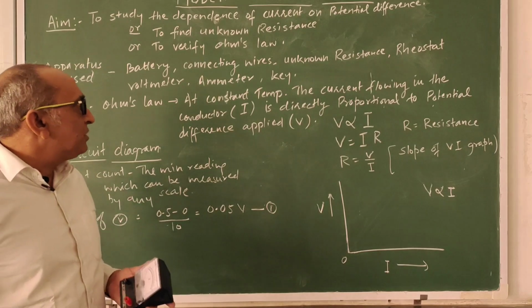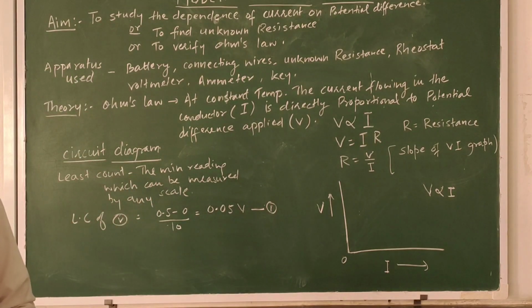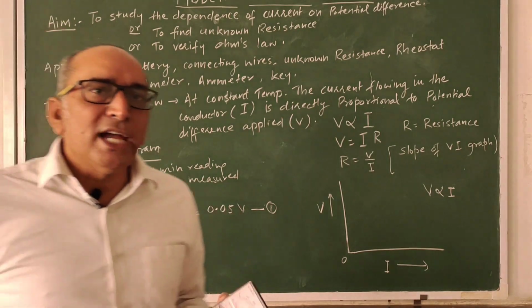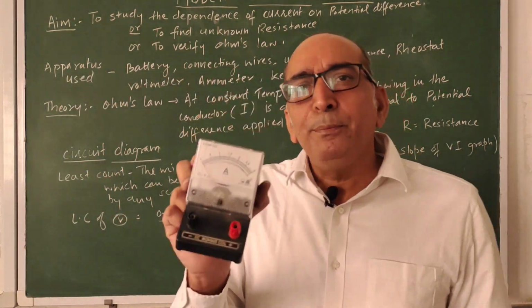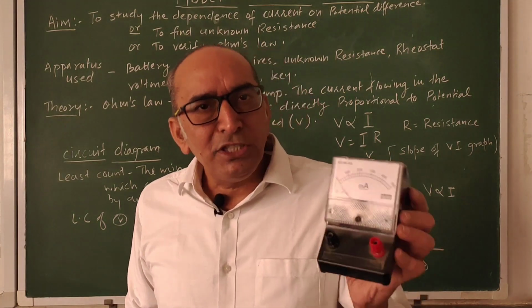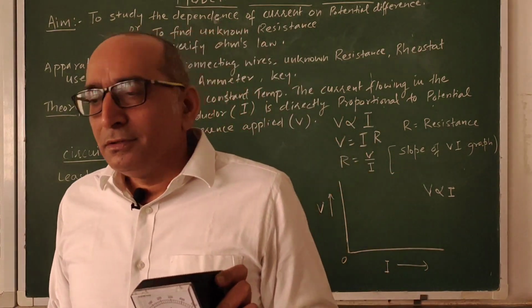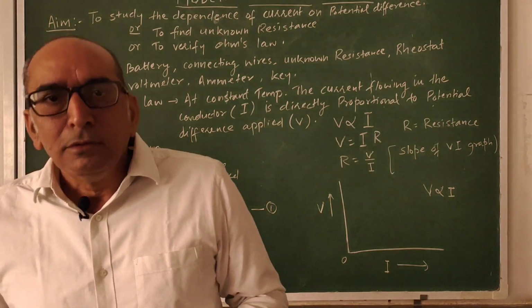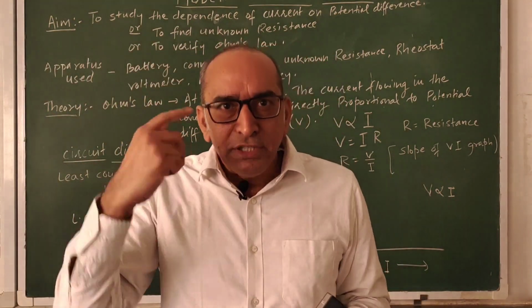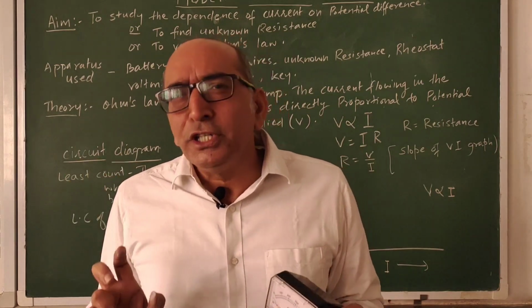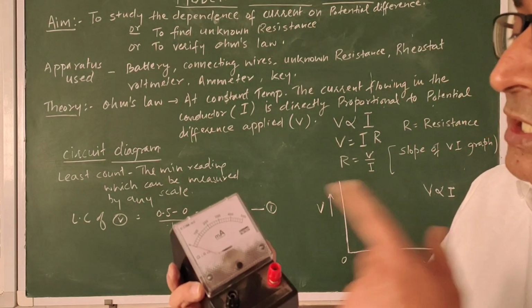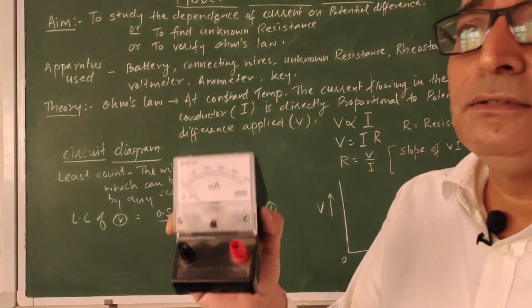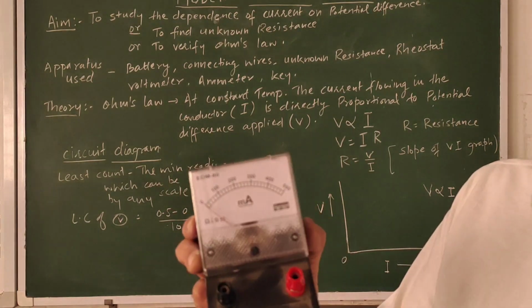The next device which we are going to use is ammeter. There are basically two types of ammeter in the lab. One is which measures in ampere, and the other is which measures in milliampere. Microampere, that ammeter is normally not used in lab. For finding its least count, again we have to see its divisions. First division is 0.